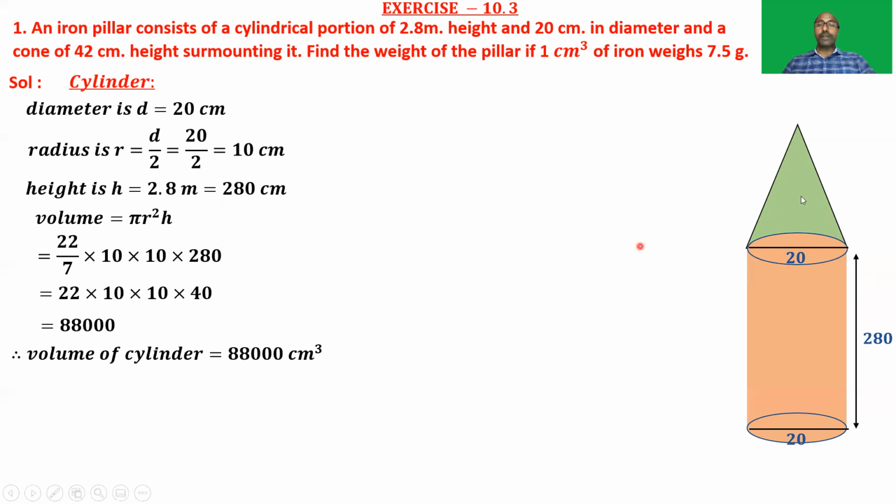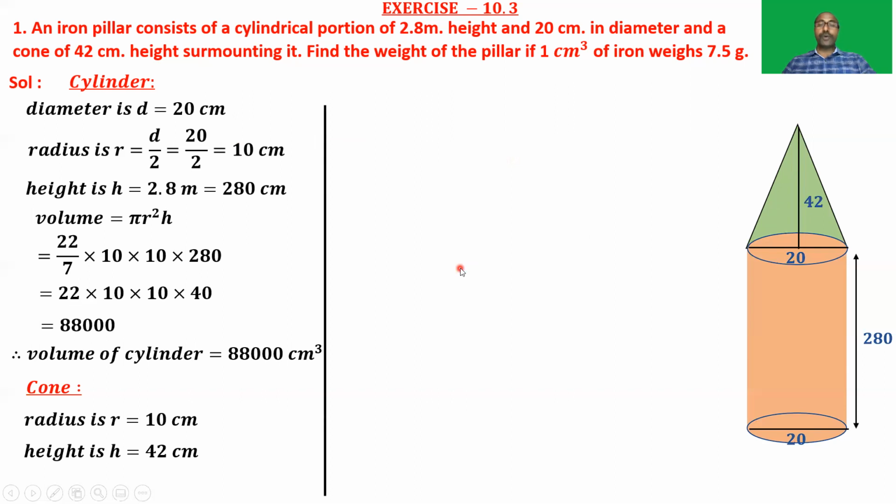Now consider the cone. For the cone, the diameter is given as 20 centimeters, so the radius is equal to 10 centimeters, and the height of the cone is given as 42 centimeters.